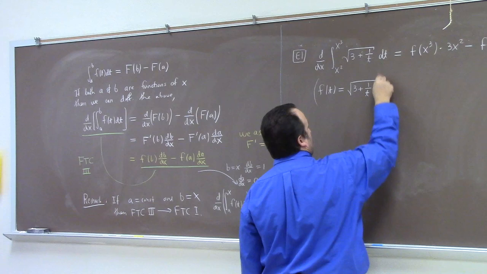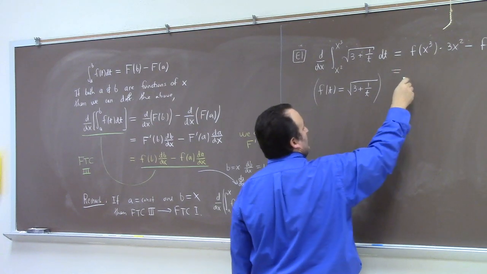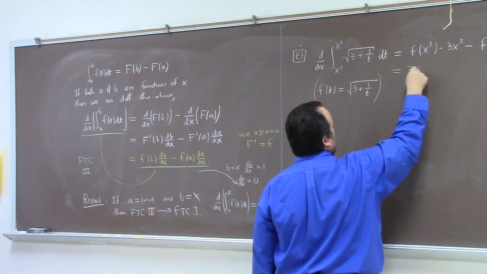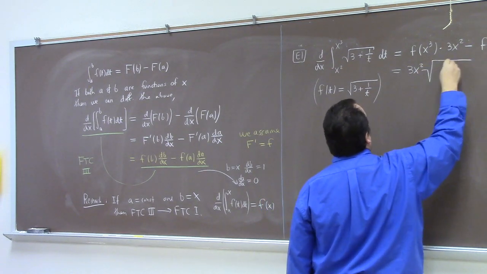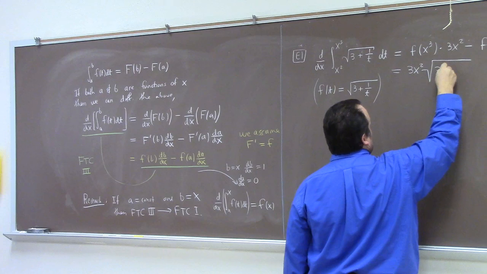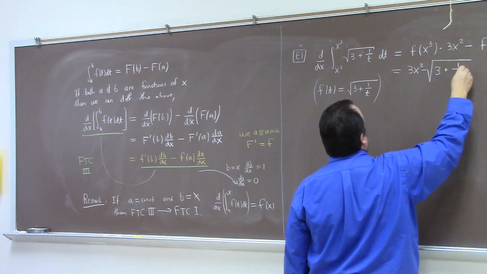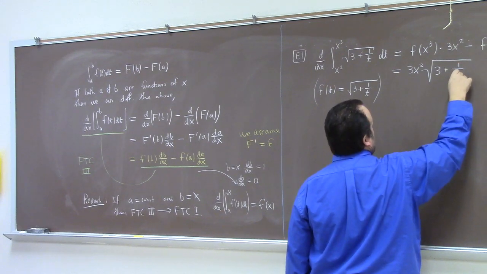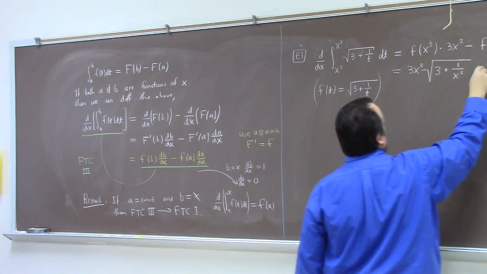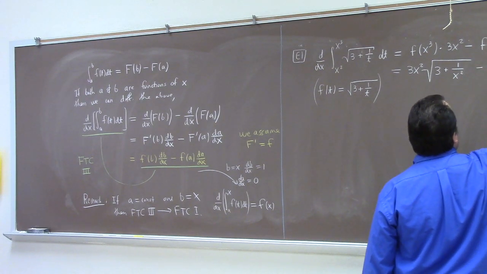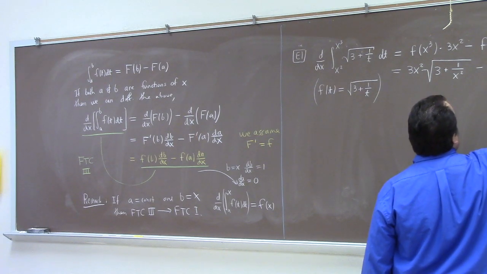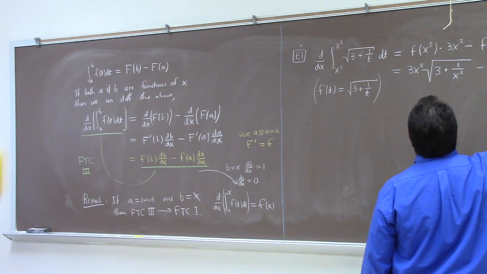This is just a parenthetical comment here. So that's 3x squared times the square root of 3 plus 1 over x squared, minus 2x square root of 3 plus 1 over, did I say x squared there?